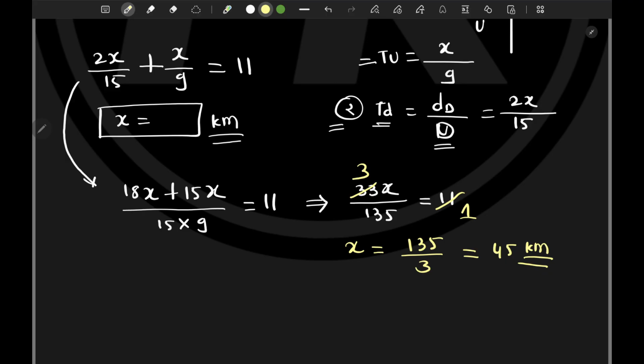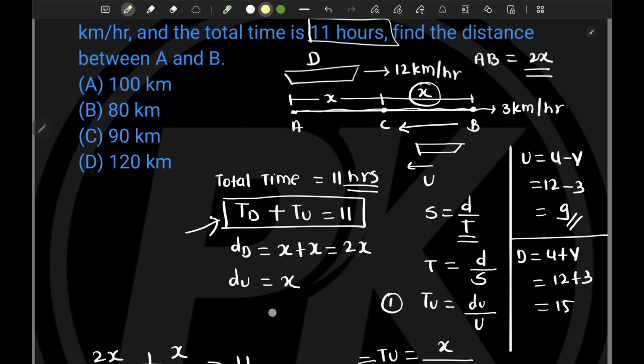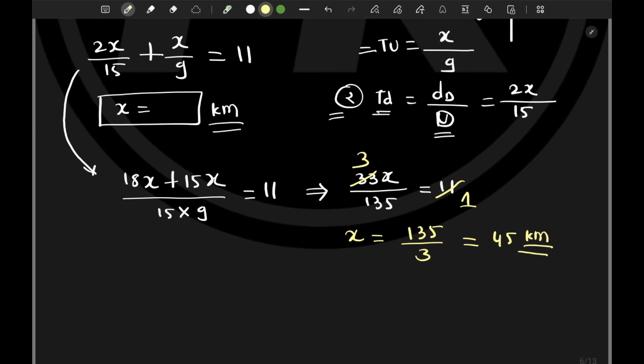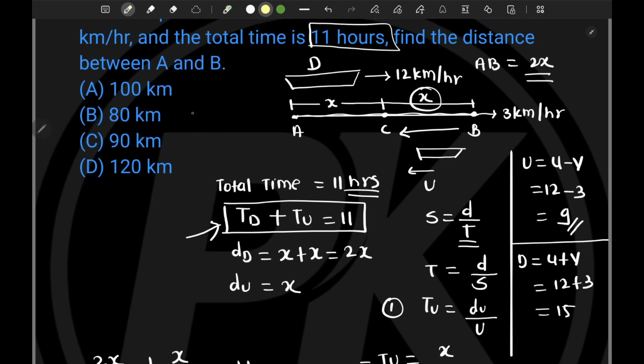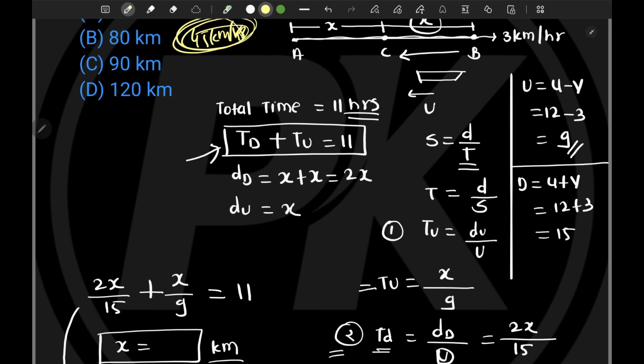Now what the students will do is simply try to tick this option, but this is not what they have asked in the examination. For example, if we calculate the value of x, fortunately here in the options we don't have 45 kilometer, but if it is there, students by mistake can tick that.